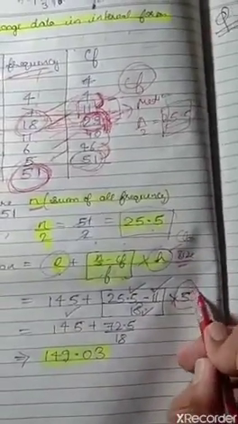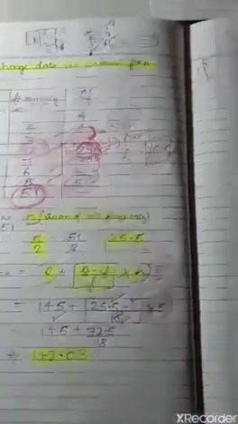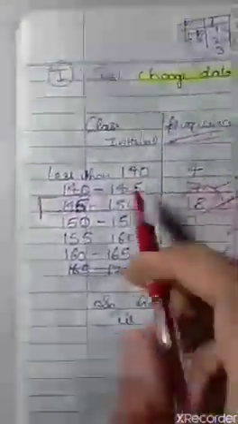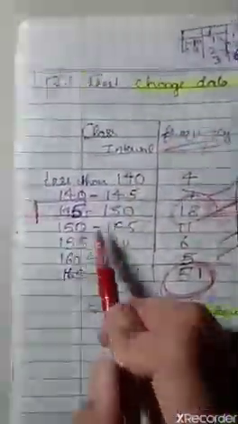Now how have I taken class size h as 5? First of all, class size means the difference between the upper limit and lower limit. Take any class interval because all are the same.